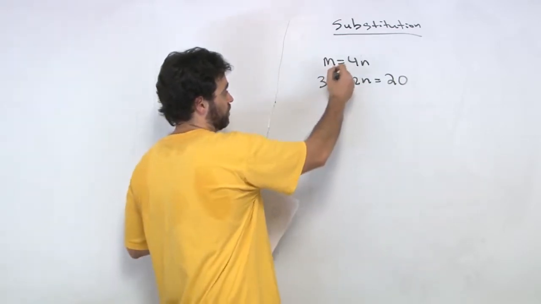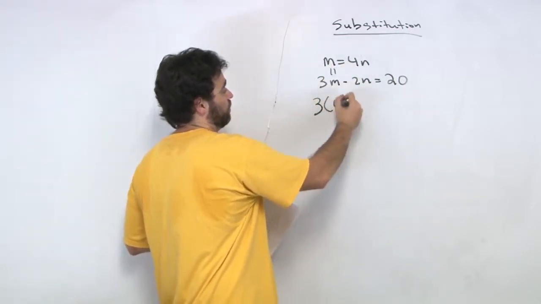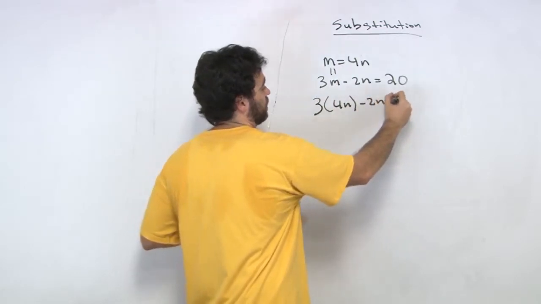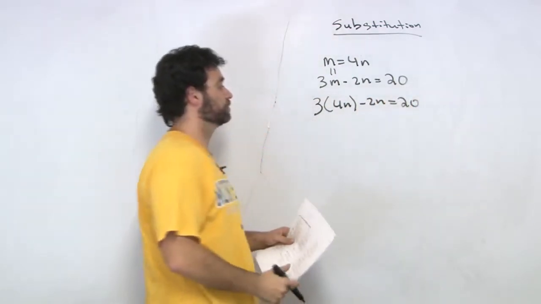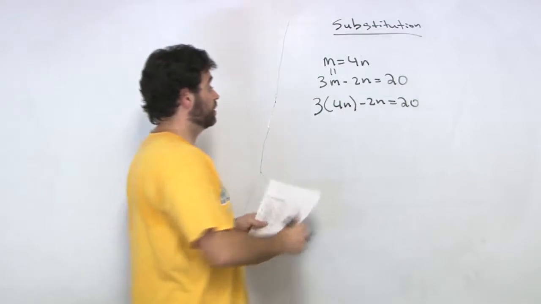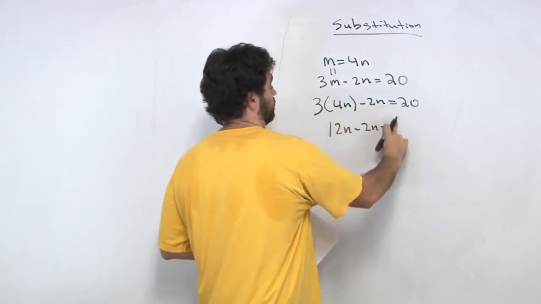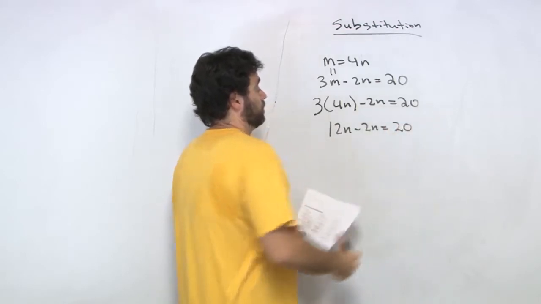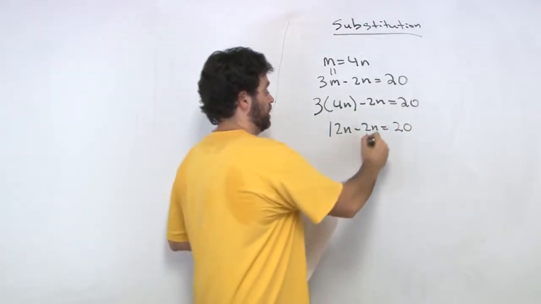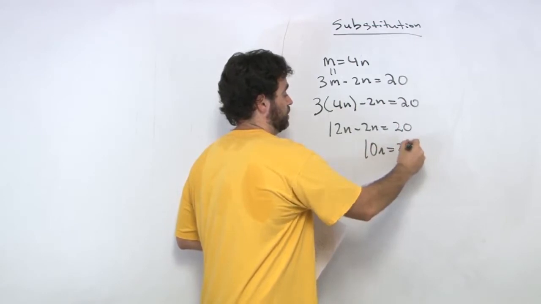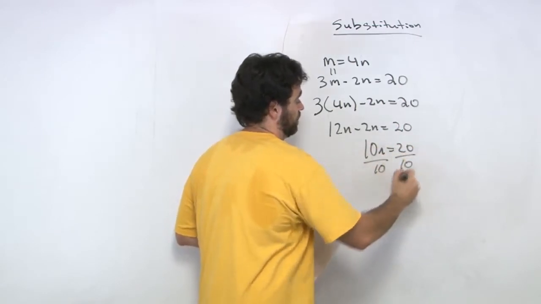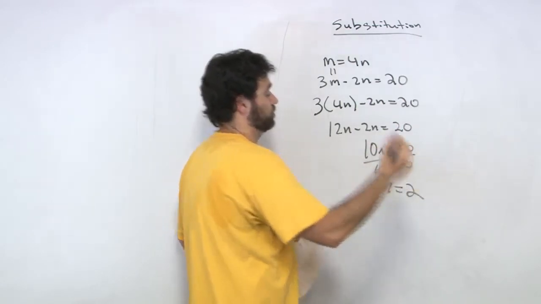So we're going to say 3 times 4n minus 2n equals 20. Now we solve for n. We get 12n minus 2n equals 20. 12n minus 2n is 10n equals 20. Divide by 10, and n equals 2.